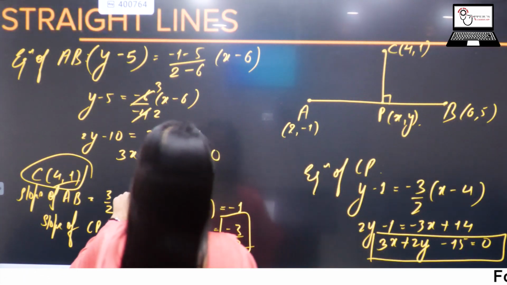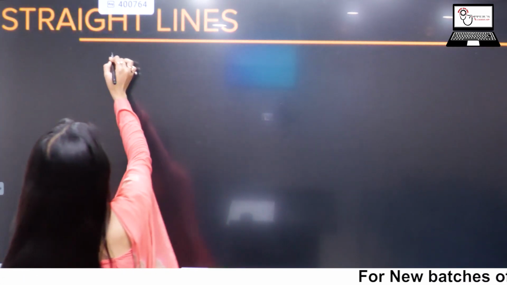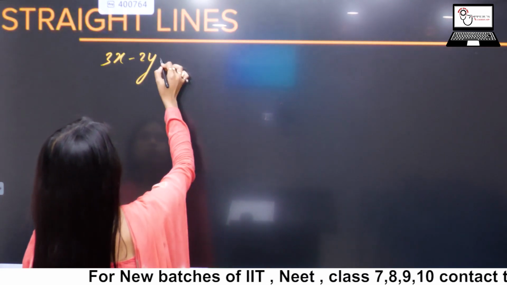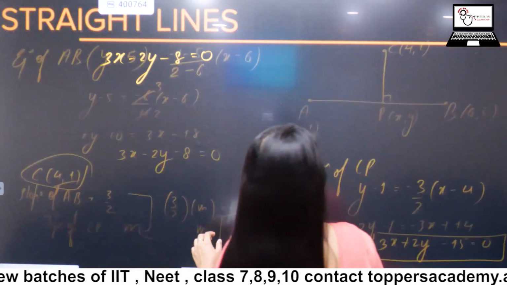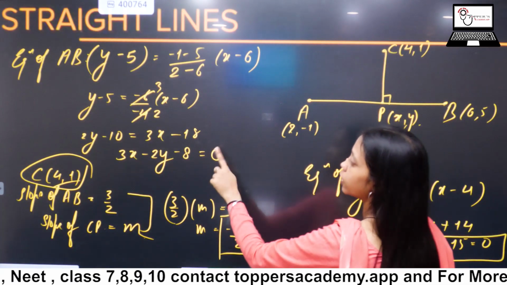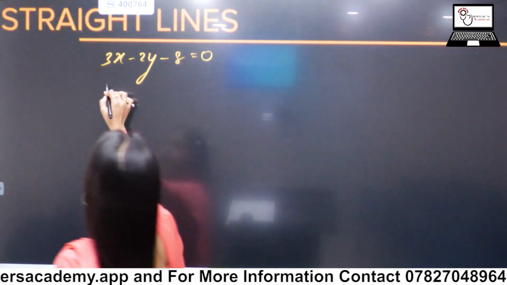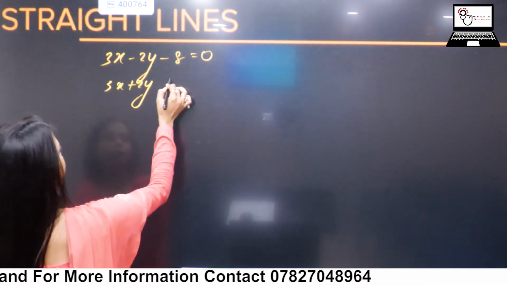You have two equations: 3x minus 2y minus 8 is equal to 0 and 3x plus 2y minus 15.